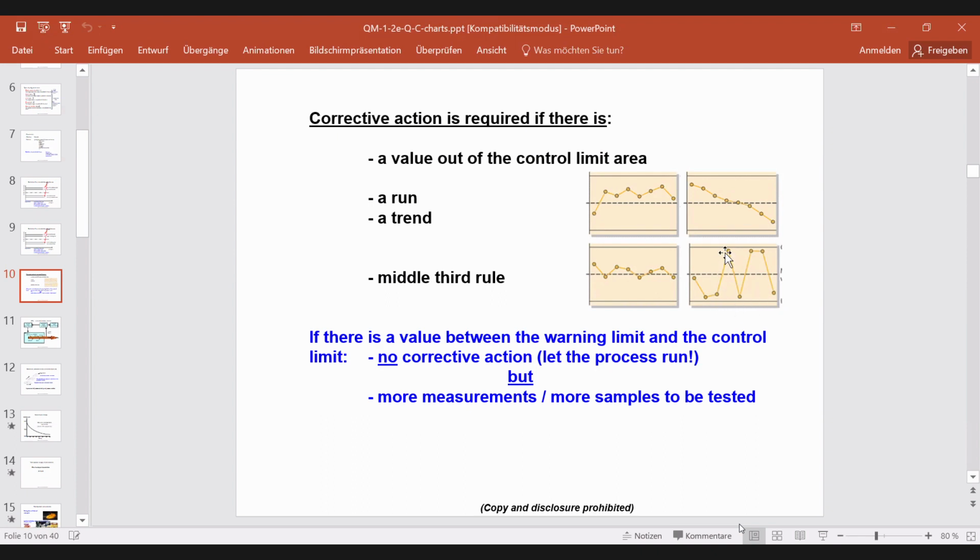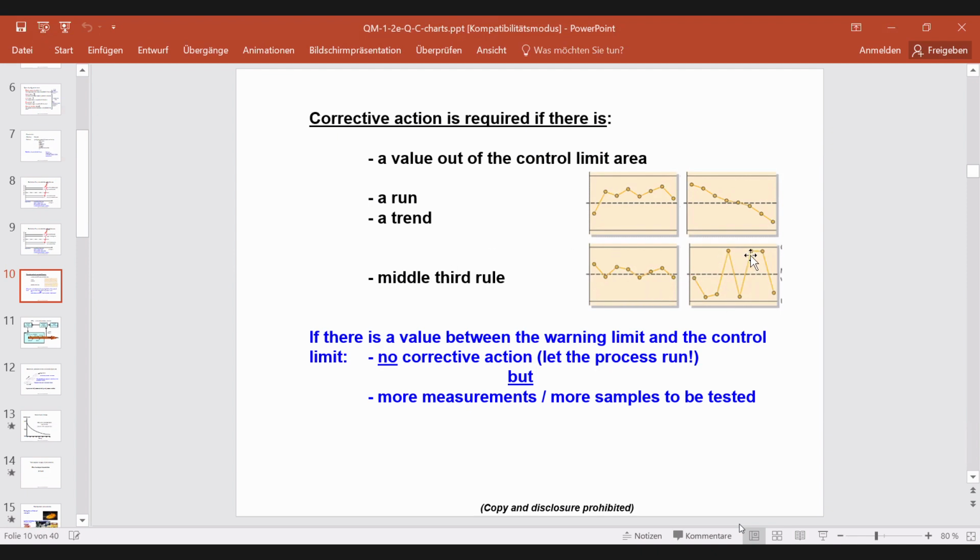Many measurements are directly nearby the tolerances, and then you also get an alarm or alert from the computer because you don't meet the middle third rule.